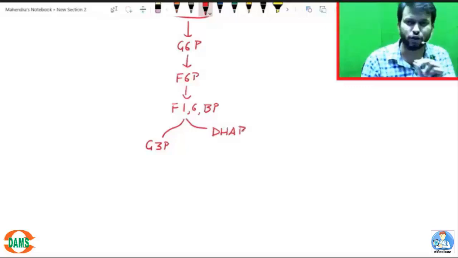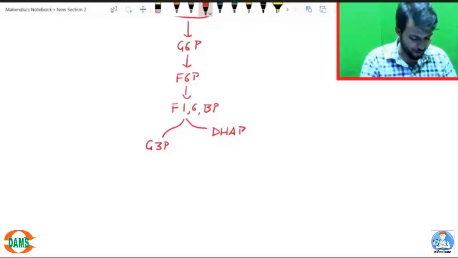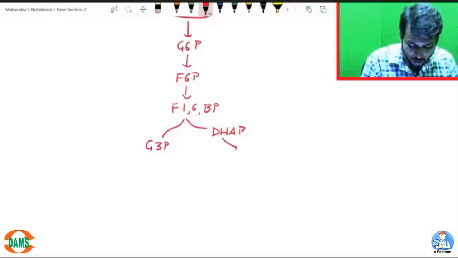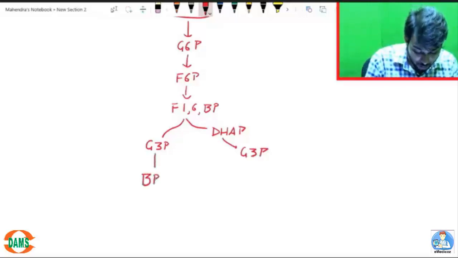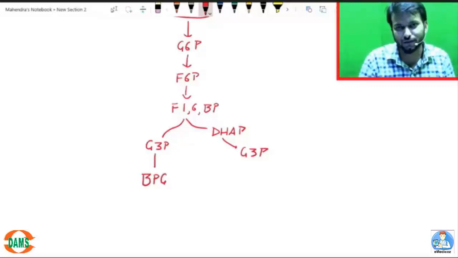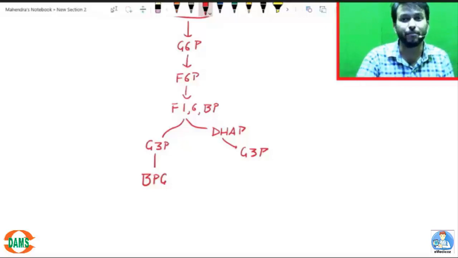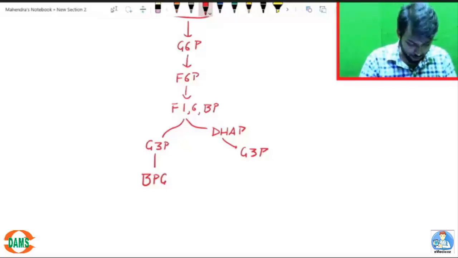It's just a revision of the metabolic molecules that come in between in glucose metabolism. DHAP is converted into glyceraldehyde 3-phosphate, which is converted into bisphosphoglycerate. I'm writing in short form. I hope you now understand the full form of each of these carbohydrate metabolic products that come in between in glycolysis.